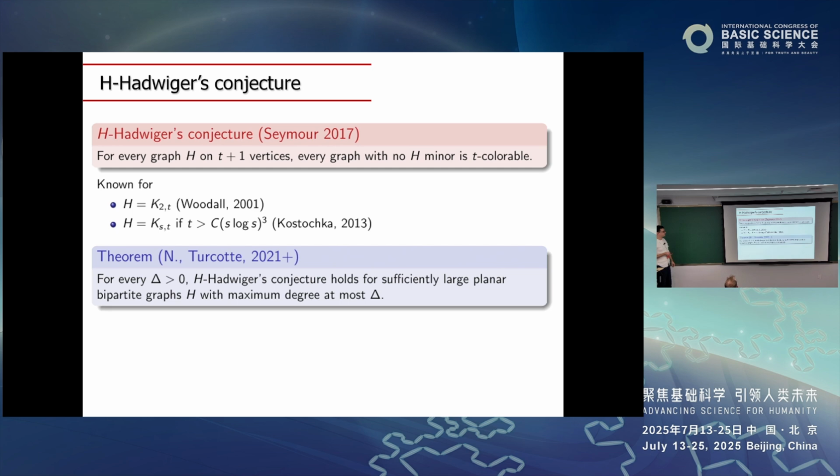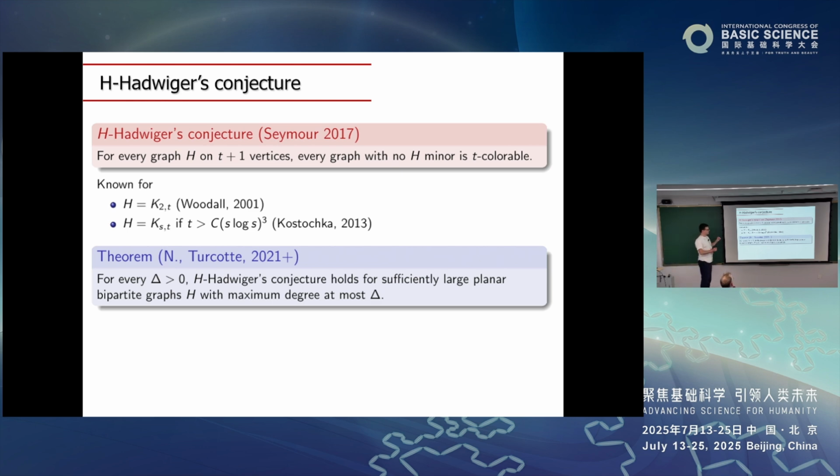And with my PhD student, Jeremy Turcotte, we proved that this conjecture holds for a large, less structured class of graphs. These others are very structured, where you know exactly what type of graph it is. But the definition is a little bit awkward, so let me explain it.